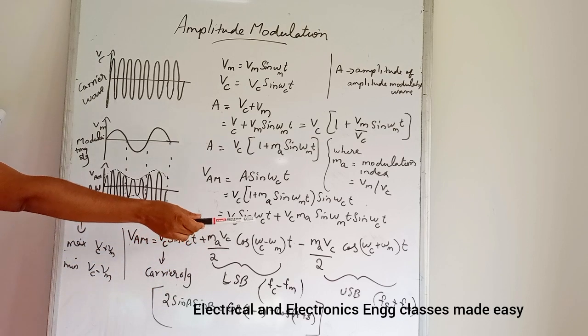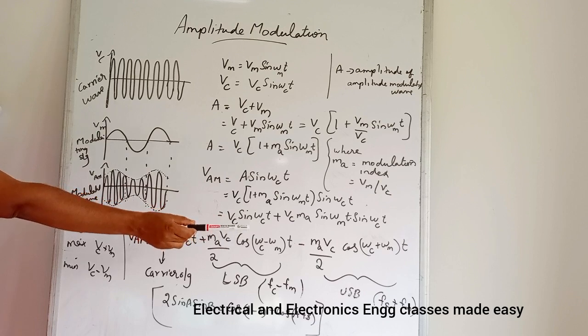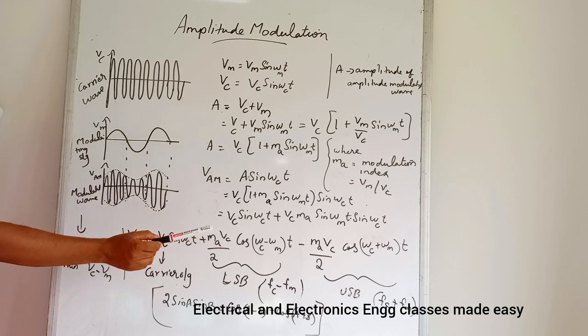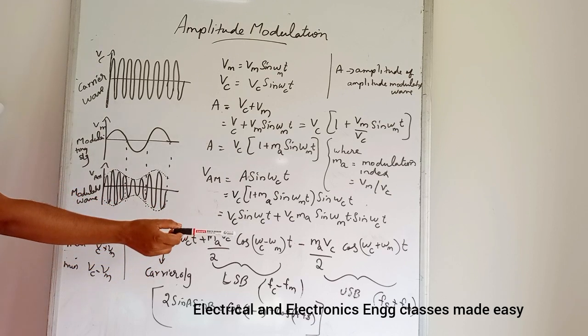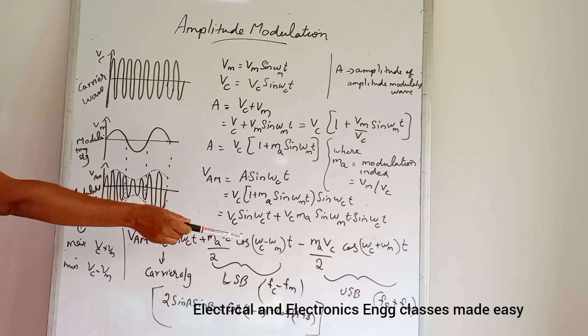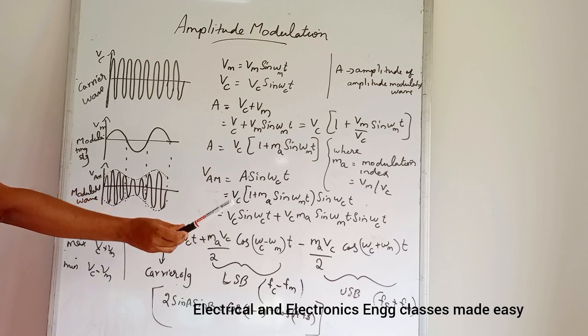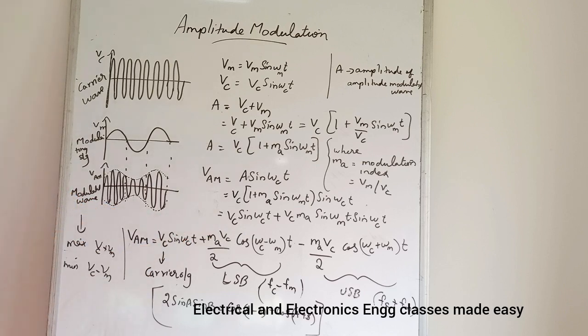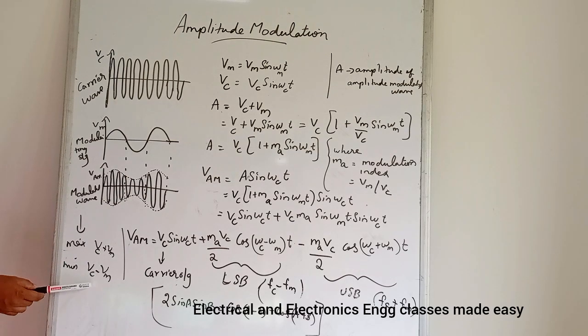Then the third term is Ma Vc divided by 2 into cos(omega c plus omega m)t, which represents the upper side band of amplitude Ma Vc divided by 2 and frequency Fc plus Fm. And here the amplitude A of the modulated wave has a maximum value of Vc plus Vm and minimum value of Vc minus Vm.